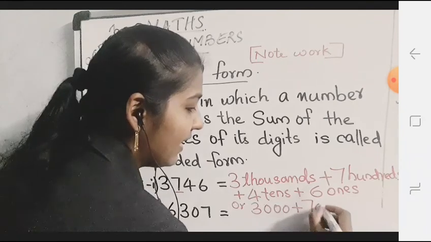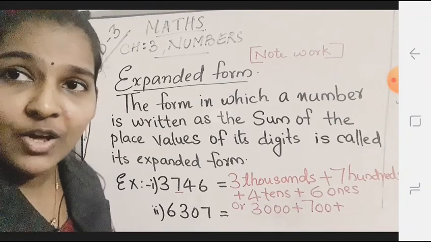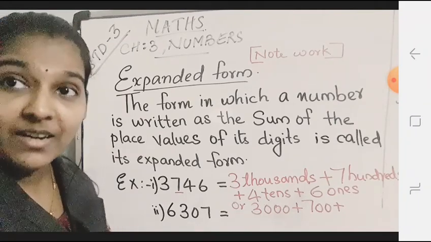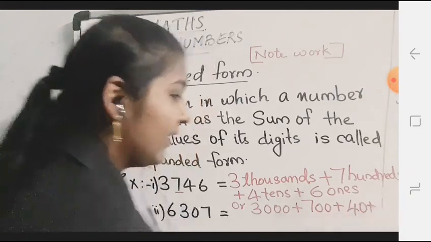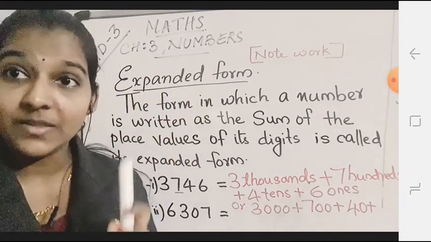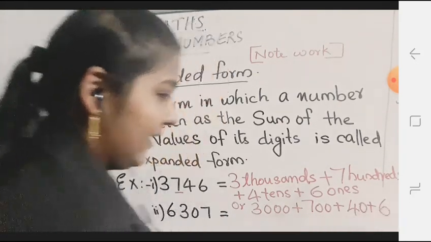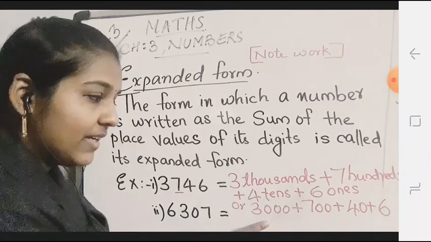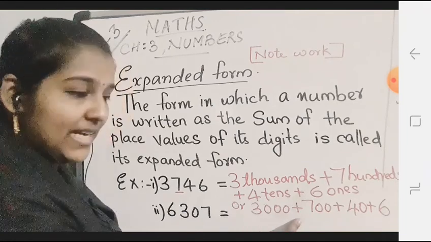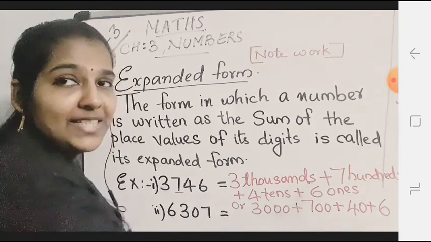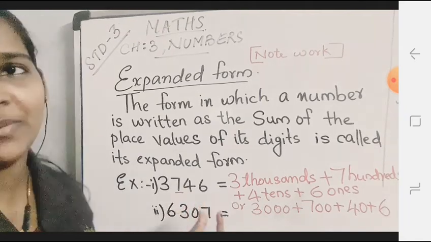Then 4 tens. 4 tens are 40. Then 6 ones. 6 ones are 6. Got it, children? So how can we write in short? We can write it in short as 3,000 plus 700 plus 40 plus 6. Okay, so this is the expanded form of this number.